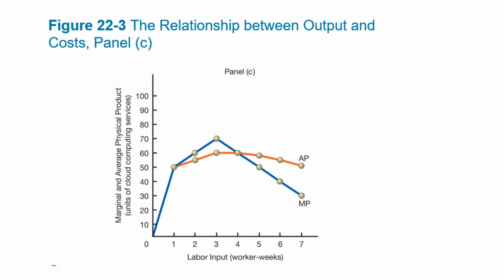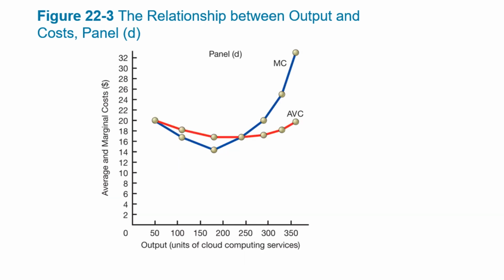You are paying the same wage rate, but they are being less productive. So it costs you more per unit of output. We see the marginal cost begins to increase, pulling up the average variable cost. Remember, that's the same place that the marginal product will begin to decrease.